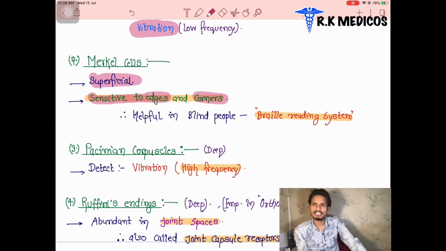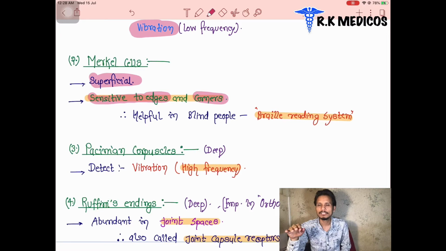Suppose the patient is blind and reads with a special type of system called the Braille system, or Braille script. Hope you know about it. Braille script is like a rough surface on a book or paper, where symbolic representations are made, and this rough structure can be felt by our fingers.